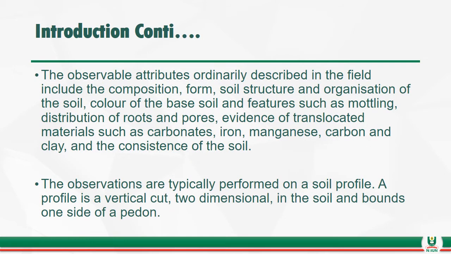The observable attributes ordinarily described in the field include the composition, form, soil structure, and organization of the soil, color of the base soil, and features such as mottling, distribution of roots and pores, evidence of translocated materials such as carbonate, iron, manganese, carbon, and clay, as well as the consistency of the soil.